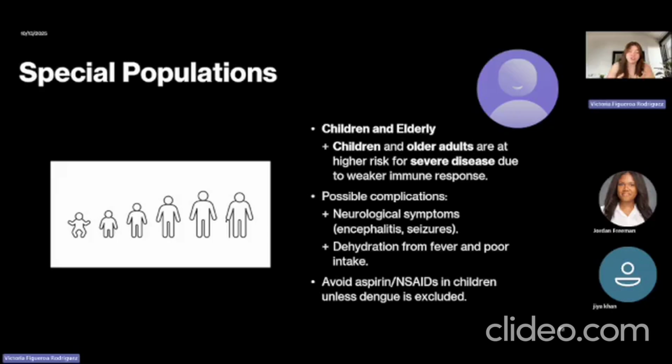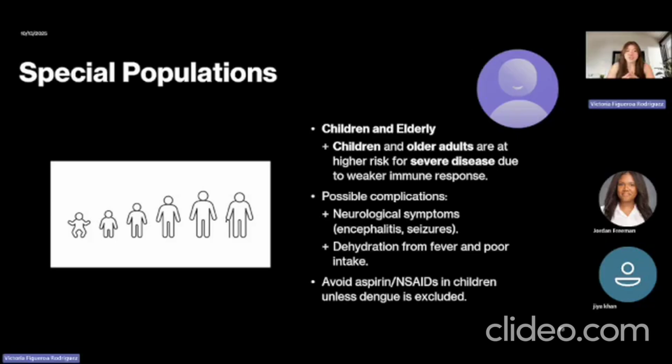Keeping them nourished and hydrated is going to be more difficult for children, of course, because they have less appetite, they feel that discomfort, and we are trying to keep them hydrated and eating constantly, which is not easy. And for the elderly, it's kind of the same situation, right? Trying to convince them to eat and drink enough fluids.